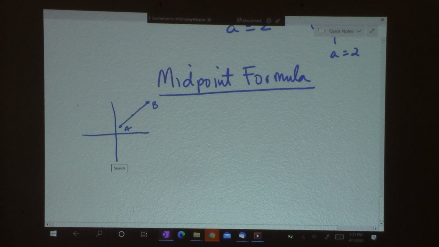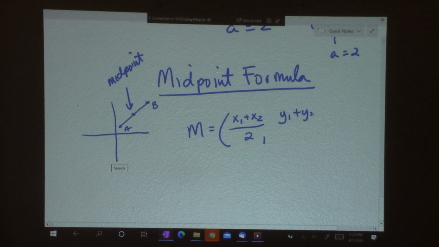I want to find the point that's in the middle. That is the midpoint right there. So my formula in the middle is going to be (x1 plus x2 over 2, comma y1 plus y2 over 2). I'll give you a minute to write that down.